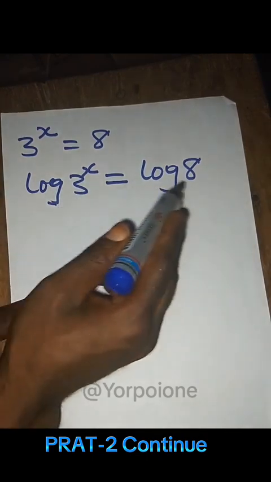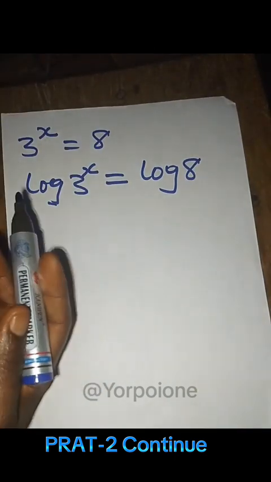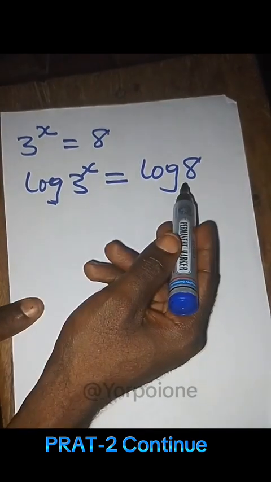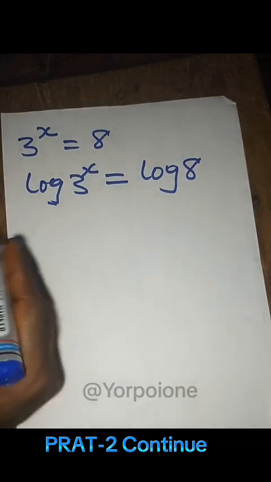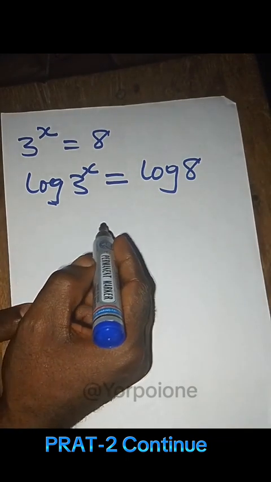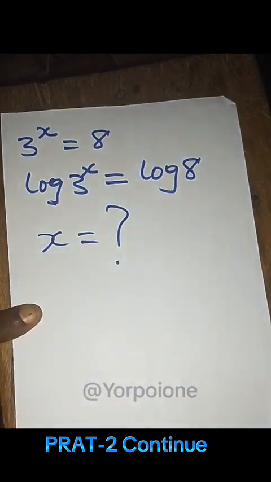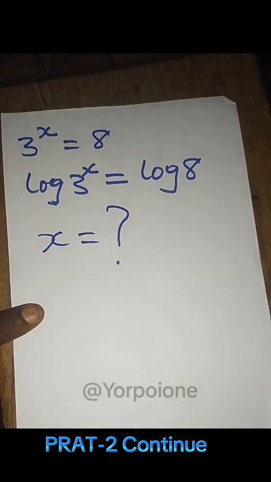So can you please use that video that you watched? If you watched that video, can you please look at that example and solve the value for x in this relation? Please put the answer in the comment section. So what will be the value for x here? What will be the value for x?